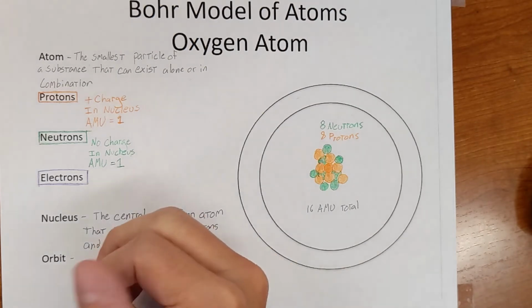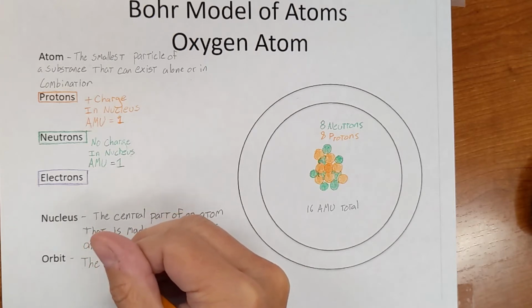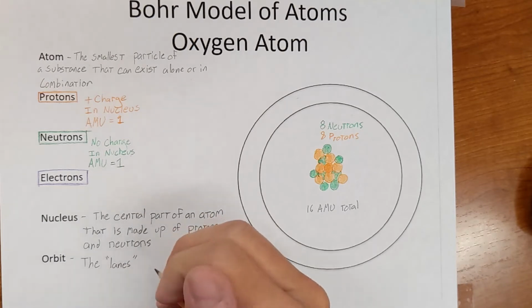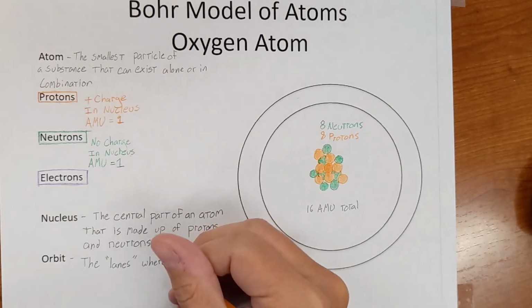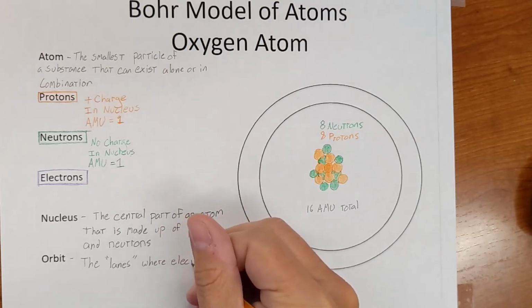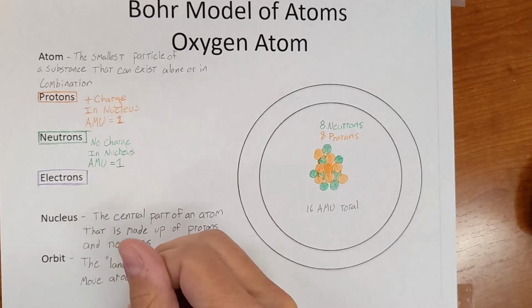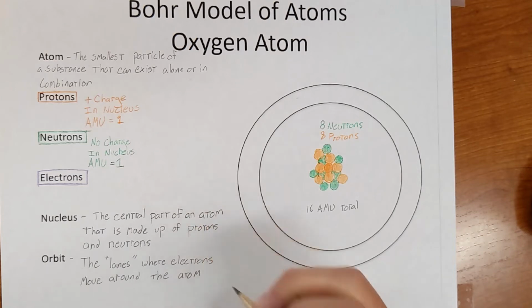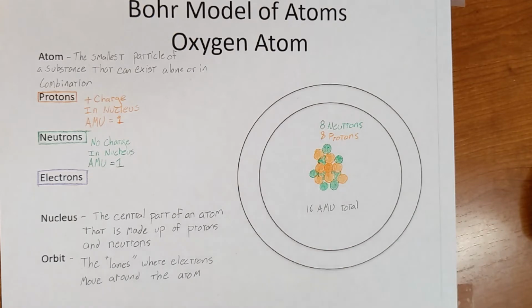So orbits, let's call them lanes, like lanes on a road or a highway, where electrons move around the atom. And so we have our first orbit here and our second orbit here.